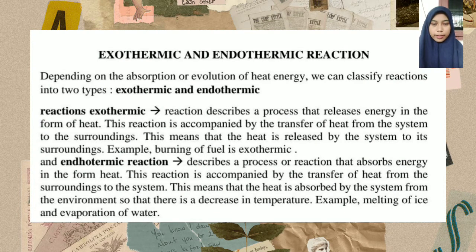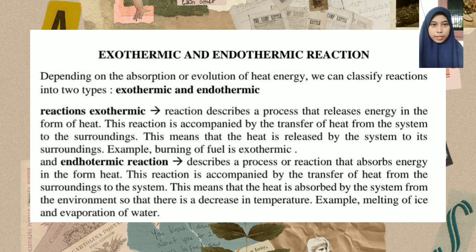Exothermic and endothermic reactions. Depending on the observation of evolution of heat energy, we can classify reactions into two types: exothermic and endothermic. An exothermic reaction describes a process that releases energy in the form of heat.